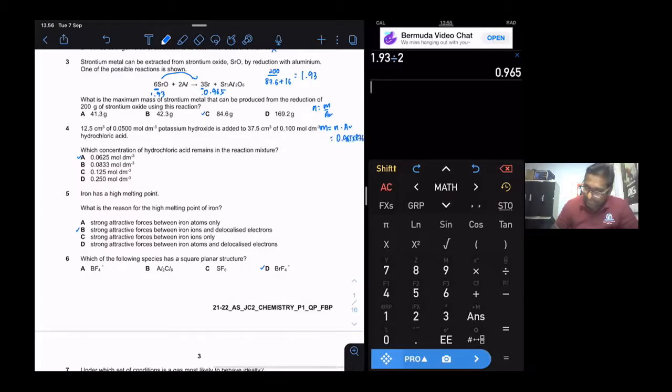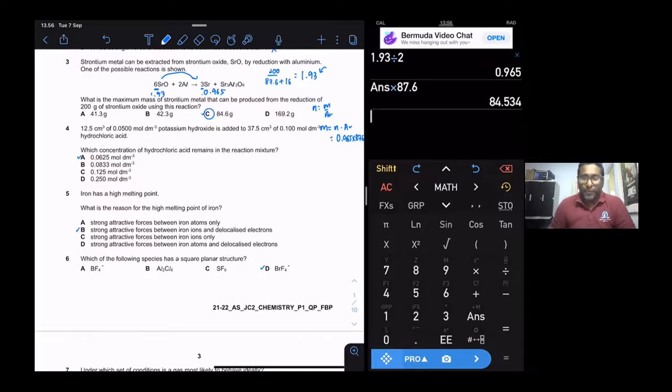If I multiply that, it will give me 84.534. I think here we get 84.534 because I used the 1.93 directly. But if you use the full value, you will get 84.6 gram. That is number 3.